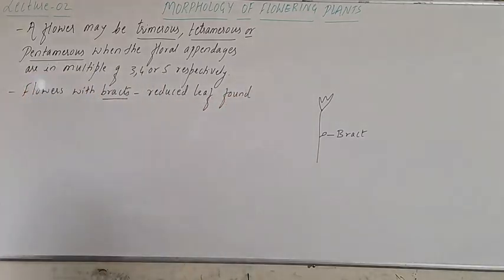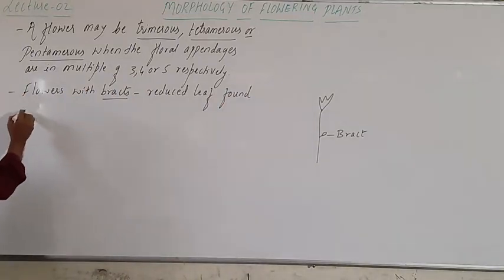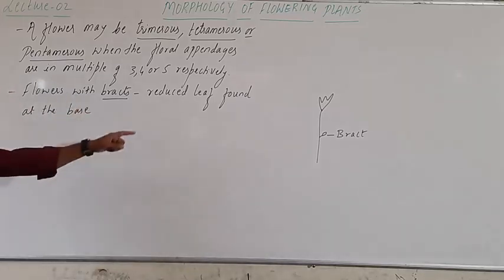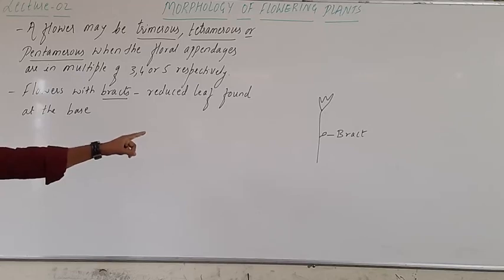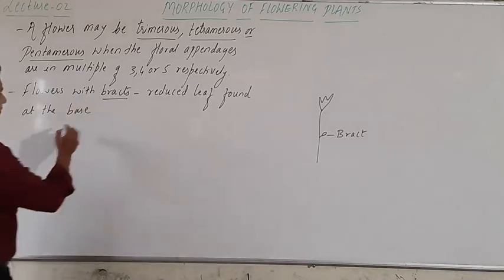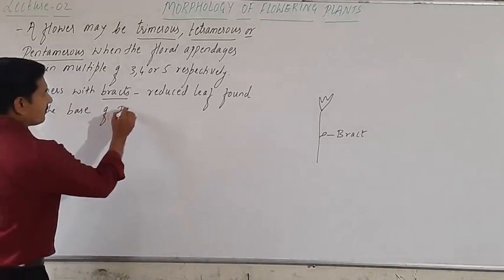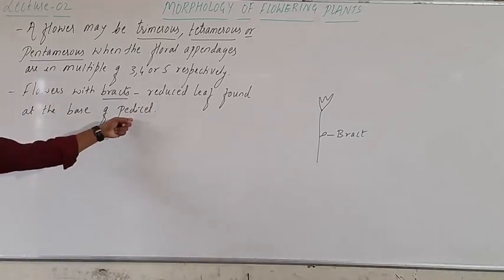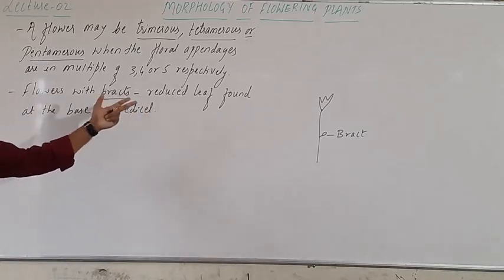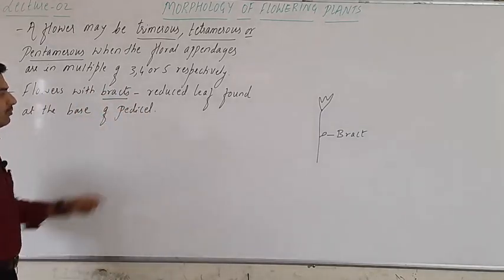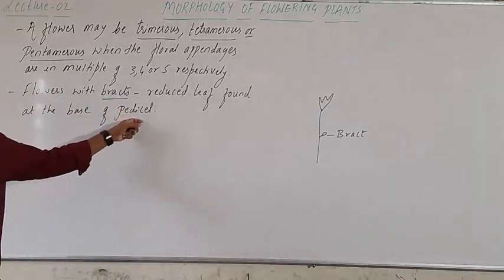found at the base of pedicel. Okay, the stalk is also called as a pedicel. Okay, it is a reduced leaf found at the base of the pedicel. Okay, so this is what is termed as a bract.